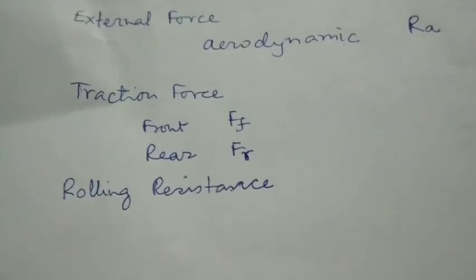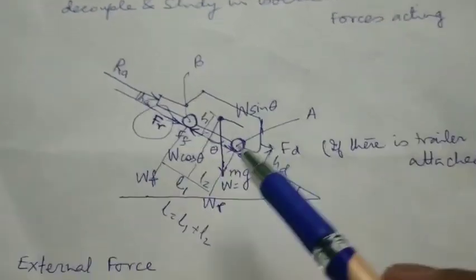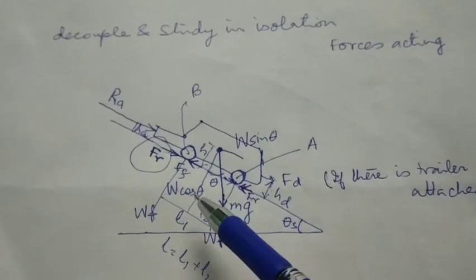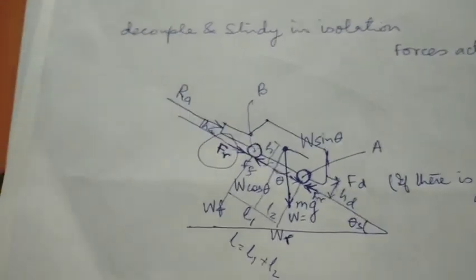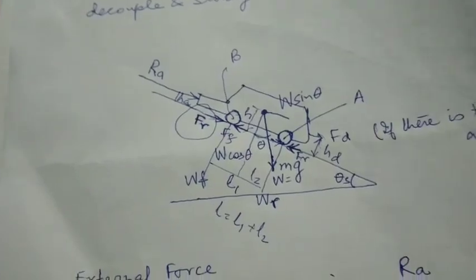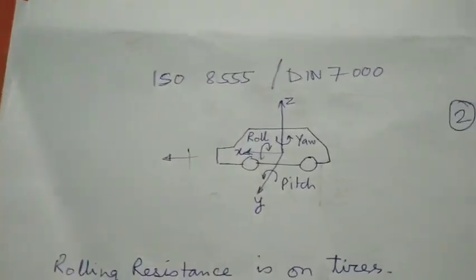So these are the nomenclature of the forces, and we have the components of the weight, W cos theta and W sin theta, as we have studied in your engineering mechanics course.